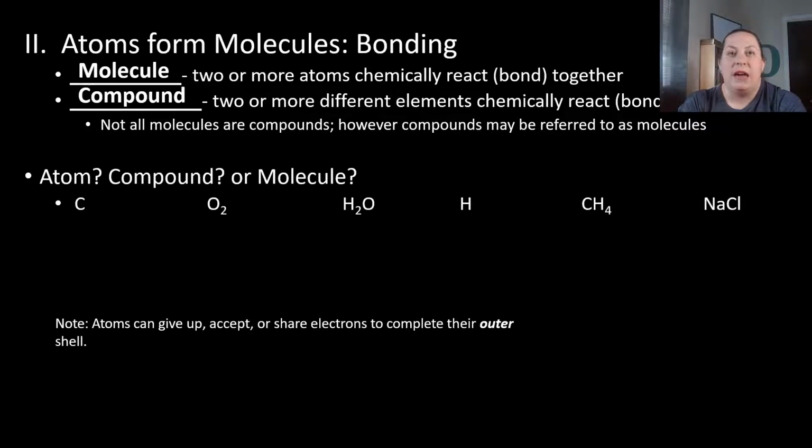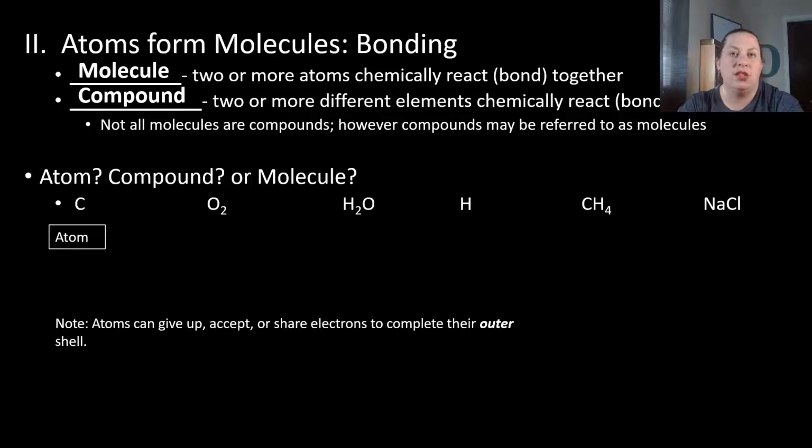So, I've got some listed here. Are these atoms, compounds, or molecules? In our first case, I have just one C. Since I have one C, this is an atom, because molecules are two or more things bound together, and compounds are two or more different things. What about O2?